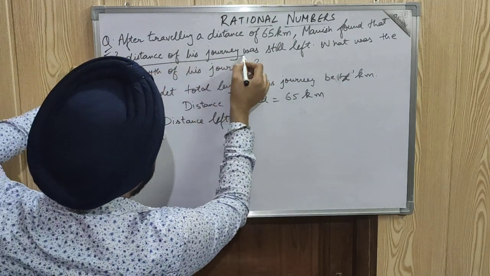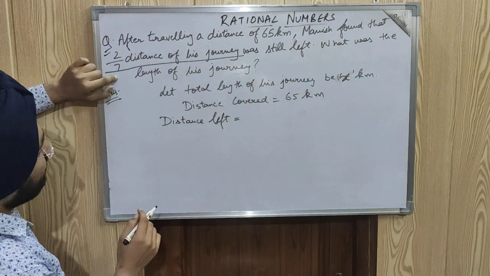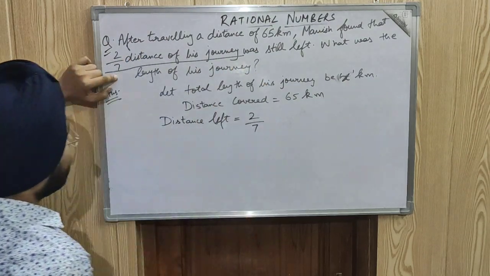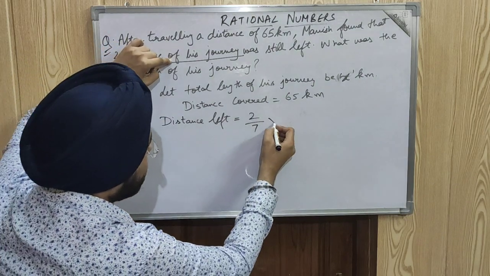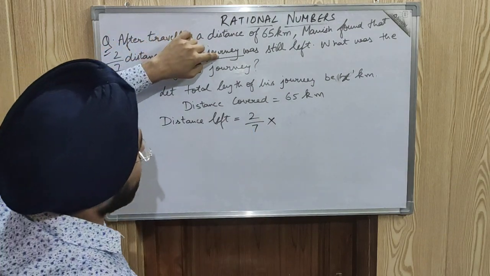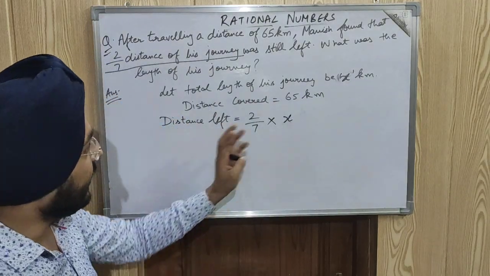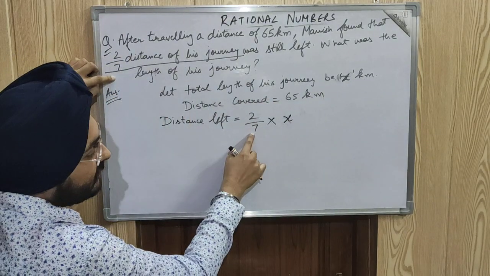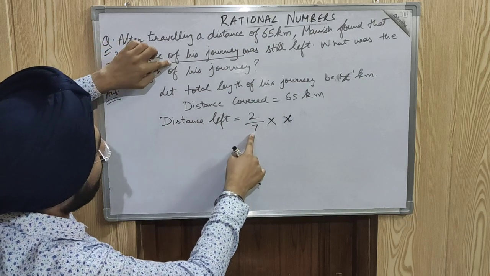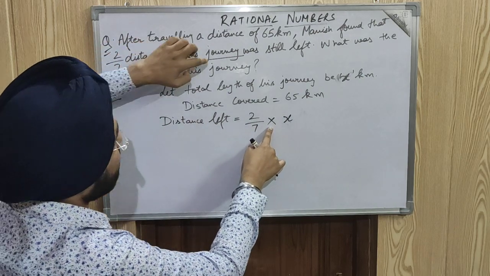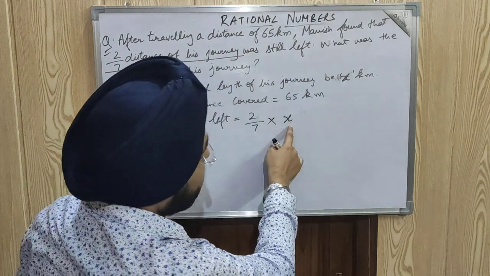So keep in mind about this thing. I am writing what? 2 by 7. Distance of is what? Multiplied. His journey. Journey we have taken as what? X kilometer. Again I am explaining. 2 by 7. I have written here. Distance of means what? Multiplication.